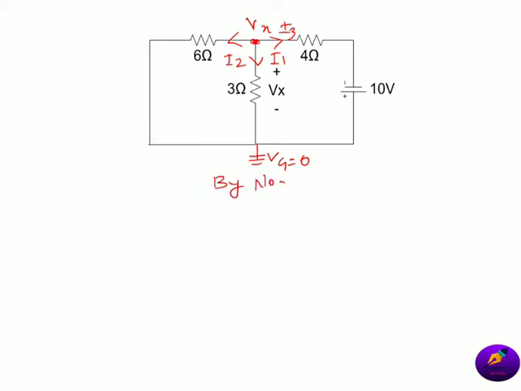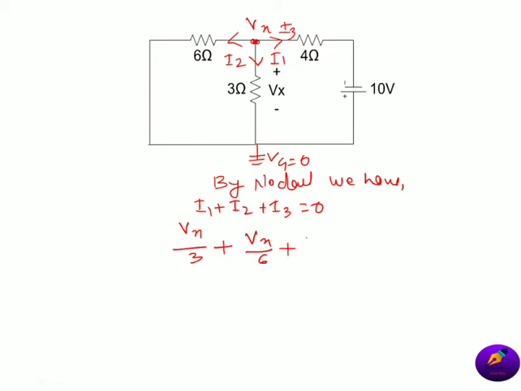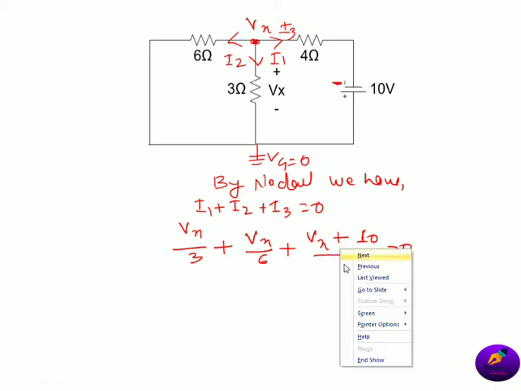By nodal analysis, I1 plus I2 plus I3 equals 0, and I1 is Vx divided by 3, plus I2 is Vx divided by 6, plus I3 is (Vx plus 10) divided by 4 equals 0, because the polarity here is minus, therefore we have taken it as a plus sign.